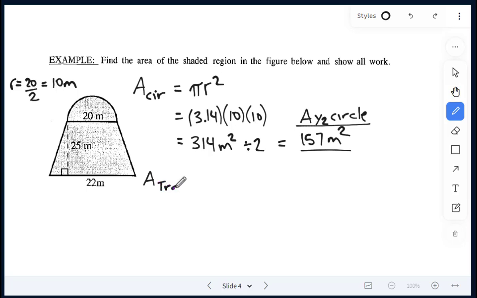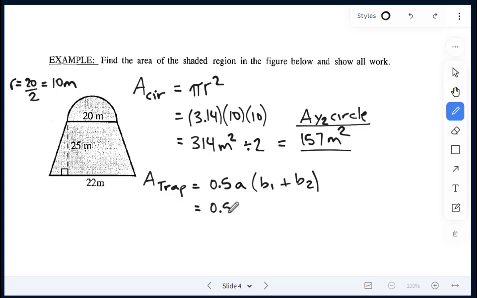So area, I'm just going to put trapezoid. Our formula we can use is 0.5 a, and then base 1 plus base 2. Again, you have your formulas in your formula sheet. So A represents the altitude of the trapezoid, which is shown here. It's 25 meters.